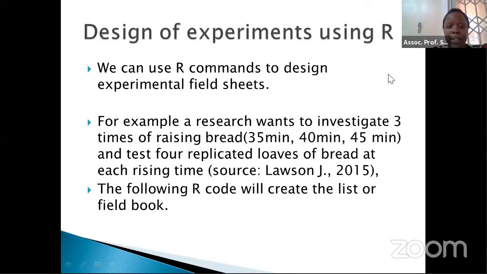Sorry about that. Now, R commands can be used to design experimental field sheets. So here is an example. A researcher wants to investigate 3 times of raising bread. This is food science. I saw some people who do food science, so I brought an example from their field.